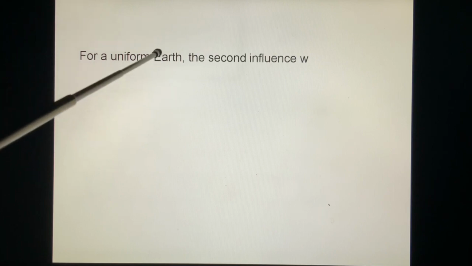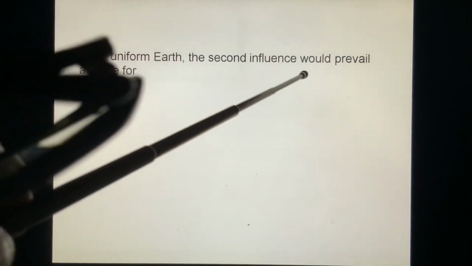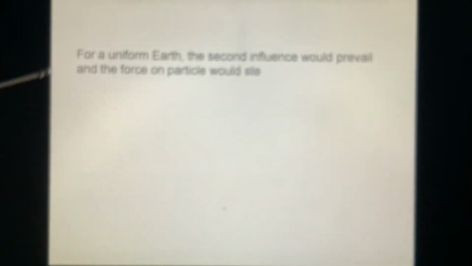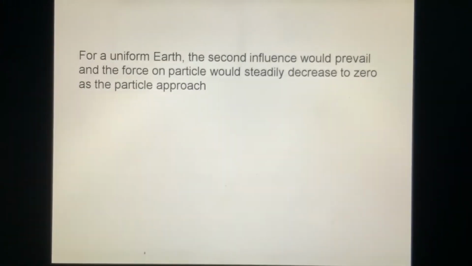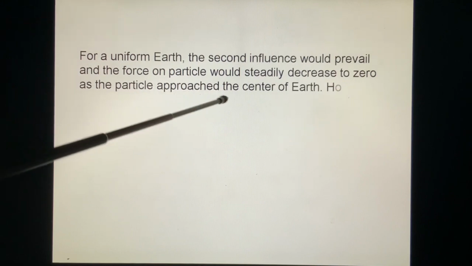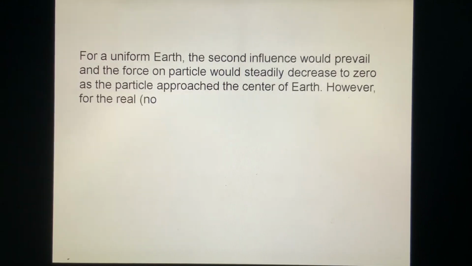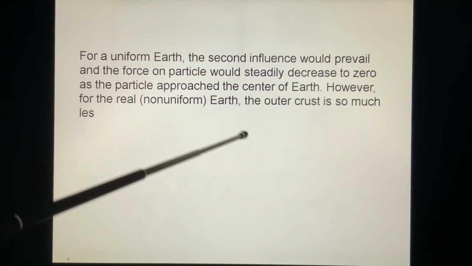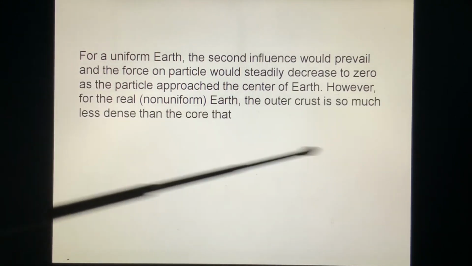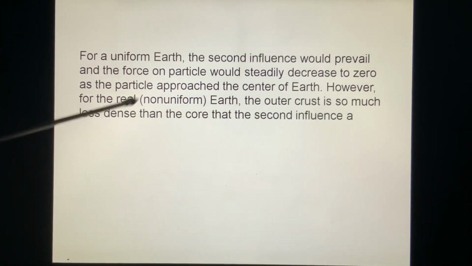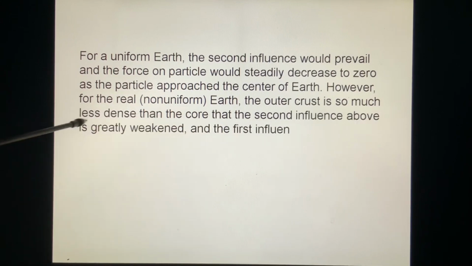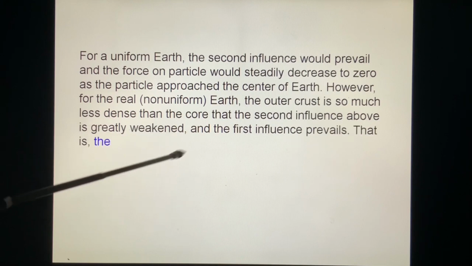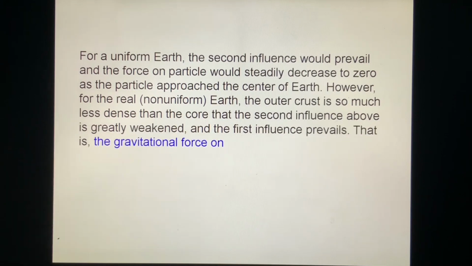For a uniform Earth, the second influence would prevail, and the force on a particle would steadily decrease to zero as the particle approaches the center of Earth. However, for the real non-uniform Earth, the outer crust is so much less dense than the core that the second influence is greatly weakened, and the first influence prevails.